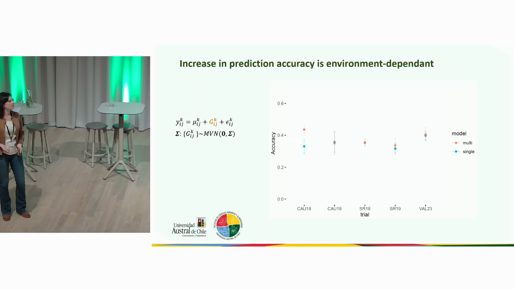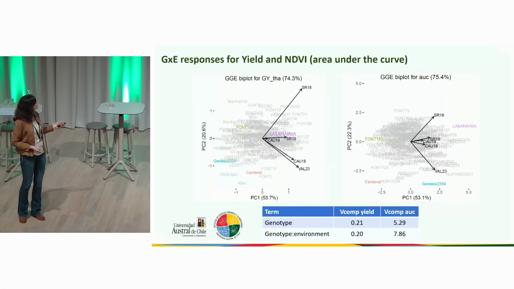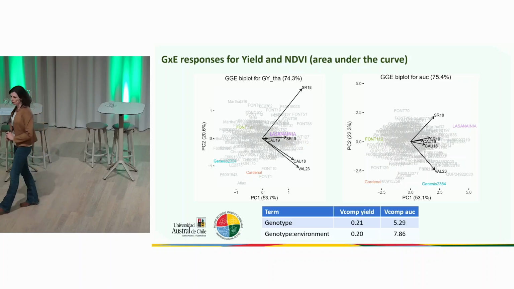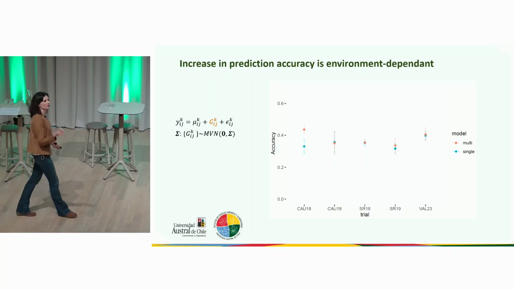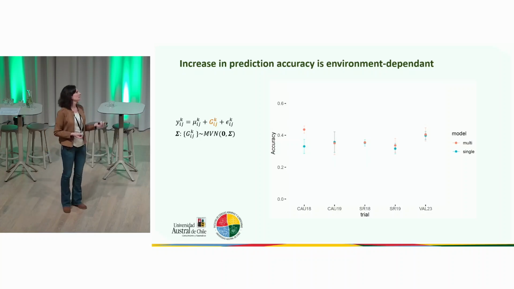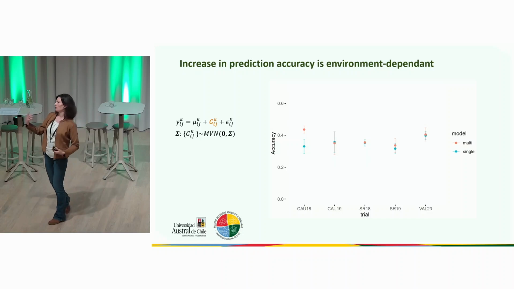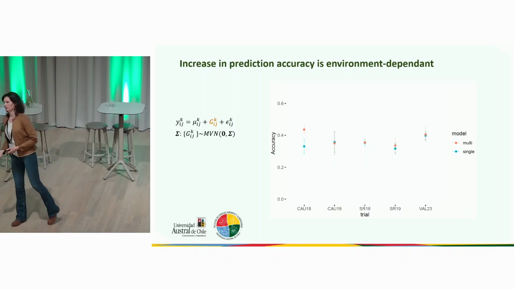So later we said, well, actually we will incorporate this in a multi-trait model. We have GBLUP and we want to extend it, incorporating this area under the curve. And there the difficult part comes, because I was running this multi-trait model and I would have liked this to look a little bit different, but the point I want to make here is that the benefit of including additional phenotypic information is really environment dependent.